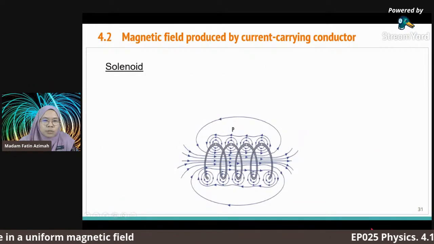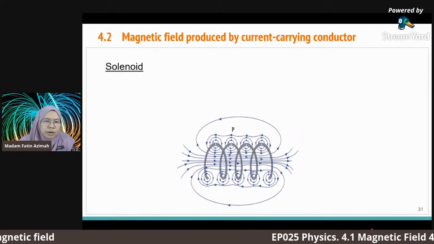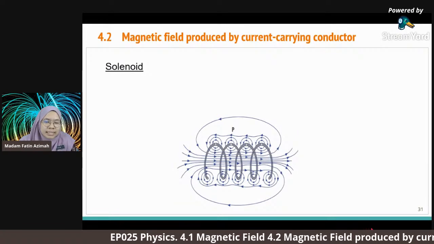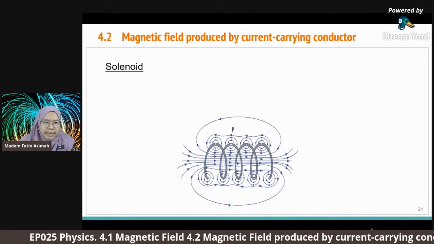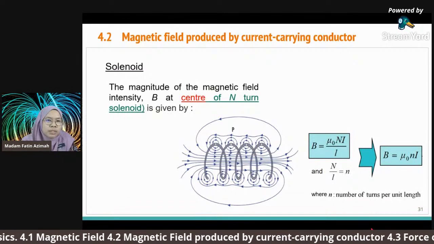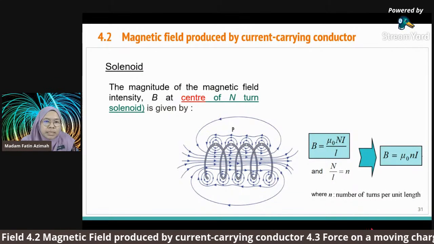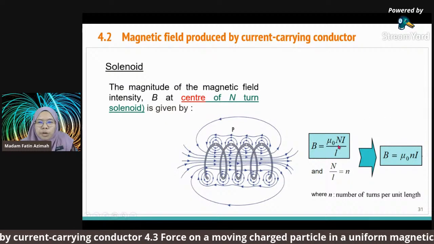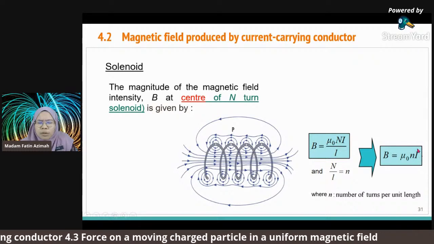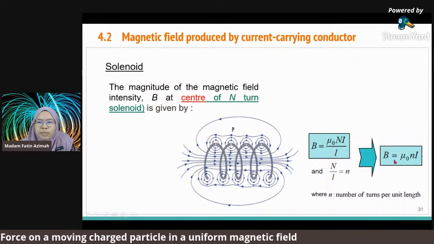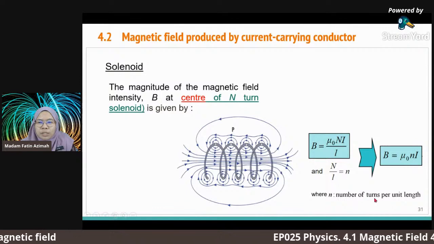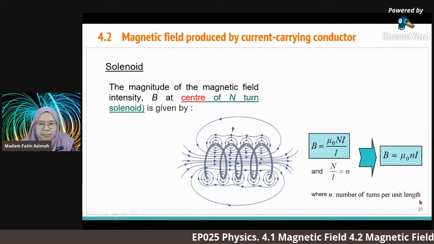Then we move on to solenoid. For solenoid, there are going to be two formulas to calculate the resultant at the center of the solenoid or at the end. For the magnitude of B at the center, we use this formula over here, mu naught N I over L, or we can simplify to become B equals mu naught small letter n I, where the small letter n is the number of turns per unit length.